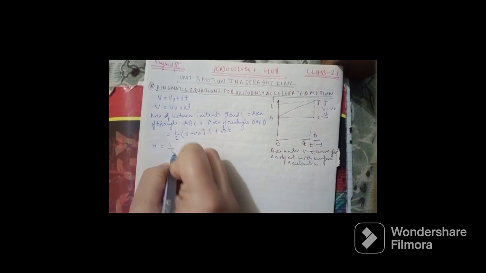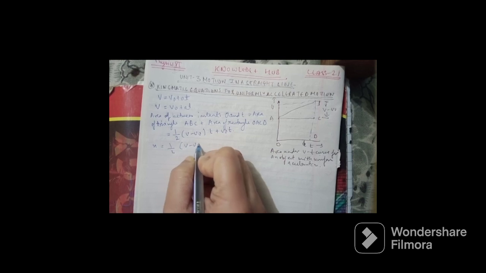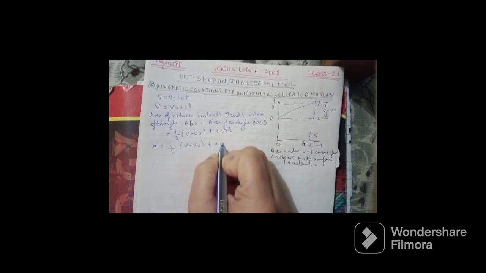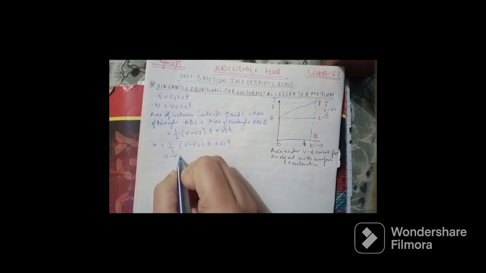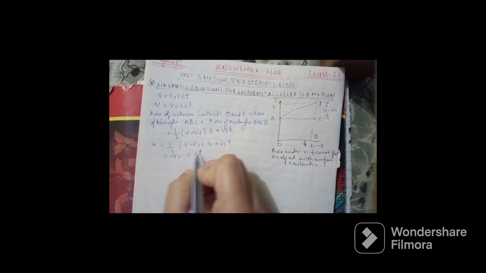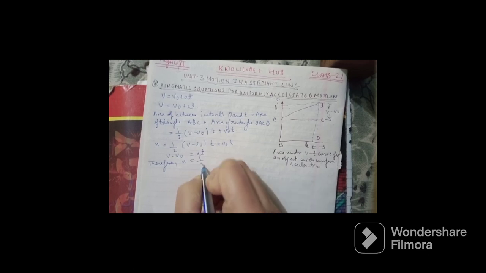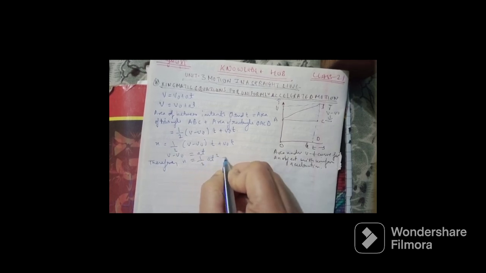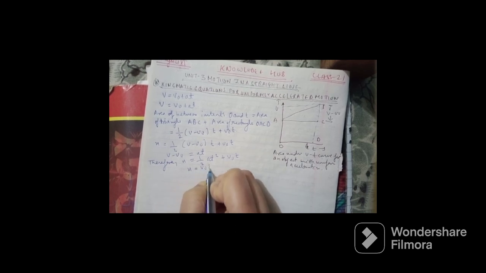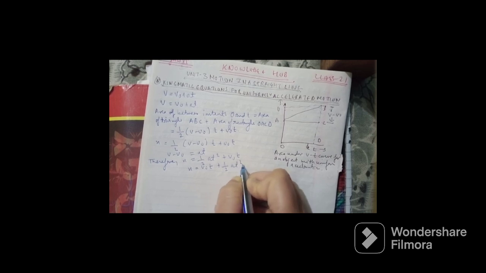So x equals half (v minus v naught) t plus v naught t. Since v minus v naught equals at, therefore x equals half at squared plus v naught t, so x equals v naught t plus half at squared.